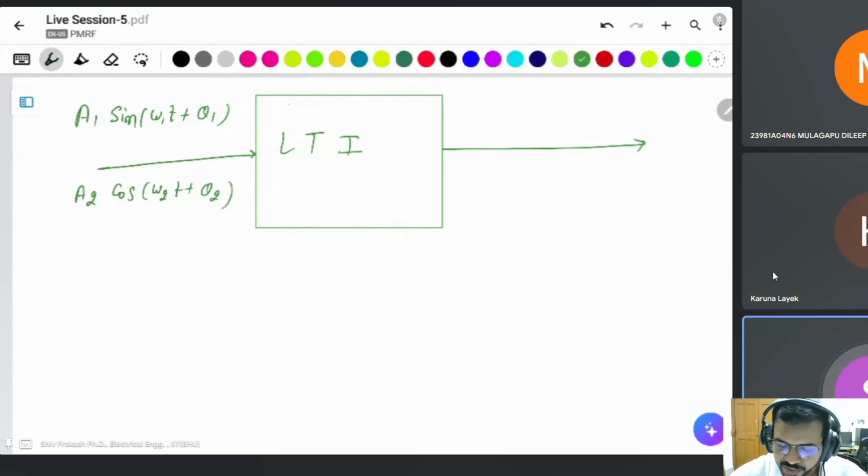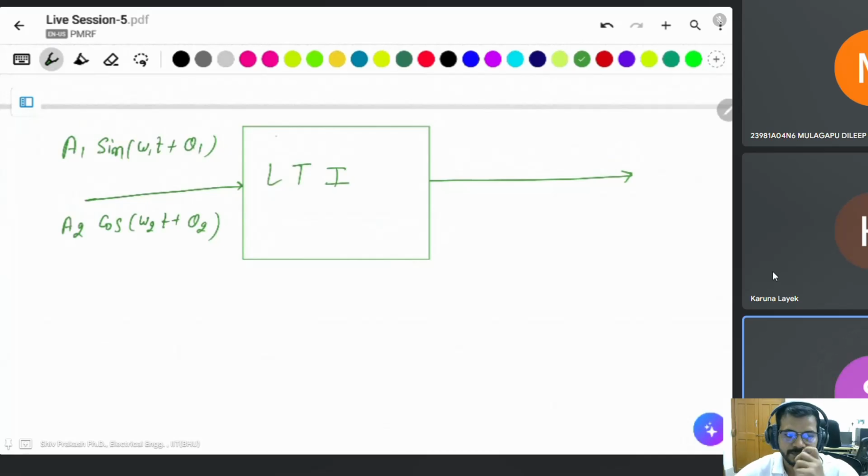Then what is the output in this case? In an LTI system, the system will be causal and stable. H(s) is the transfer function of the system.